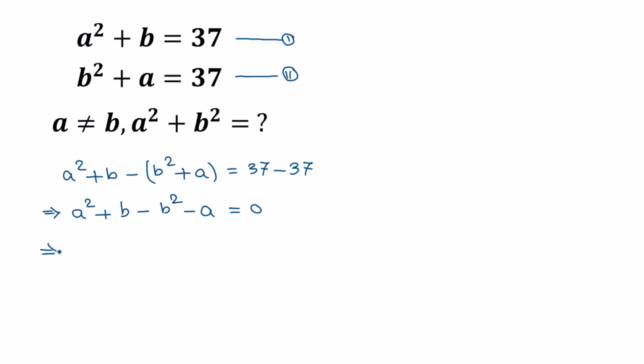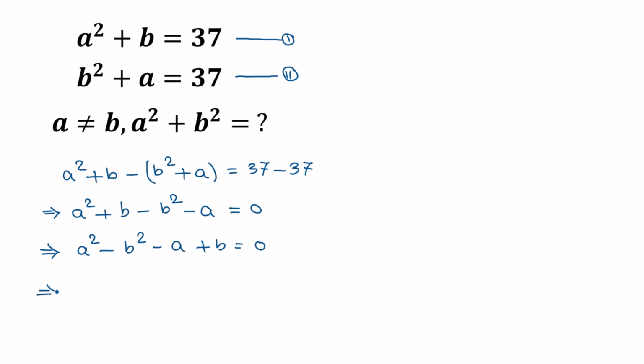Now rearranging the left side: a square minus b square, and negative a plus b, is equal to the right side, which is 0.